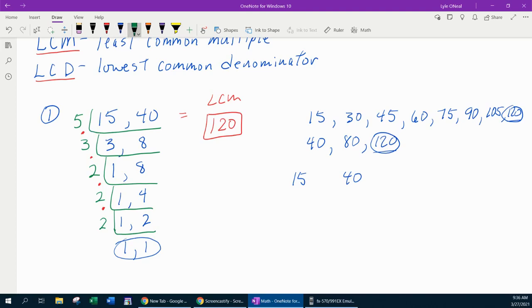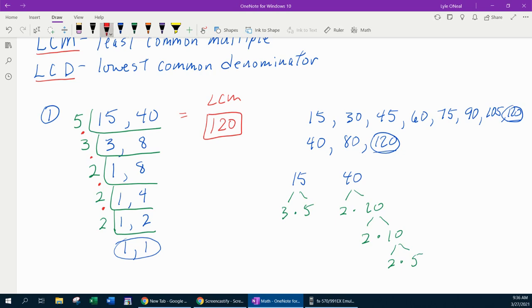And then another technique still is the factor tree, where people will break down 15 into factors. So 15 is 3 times 5. 40 is 2 times 20. 20 is 2 times 10. And 10 is 2 times 5. And then what they will do is cross out any common factors.